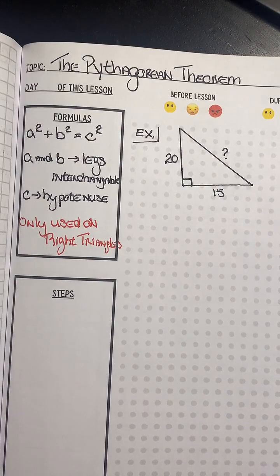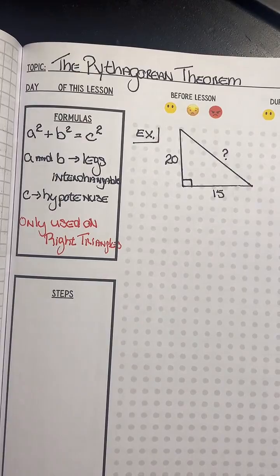So what we're going to be working on tonight is called the Pythagorean Theorem. I know a lot of you probably have it memorized, or you think you remember what this was. The Pythagorean Theorem is where you take the sum of the squares of the two legs of a right triangle and see if it equals the square of your longest side, which is called your hypotenuse.